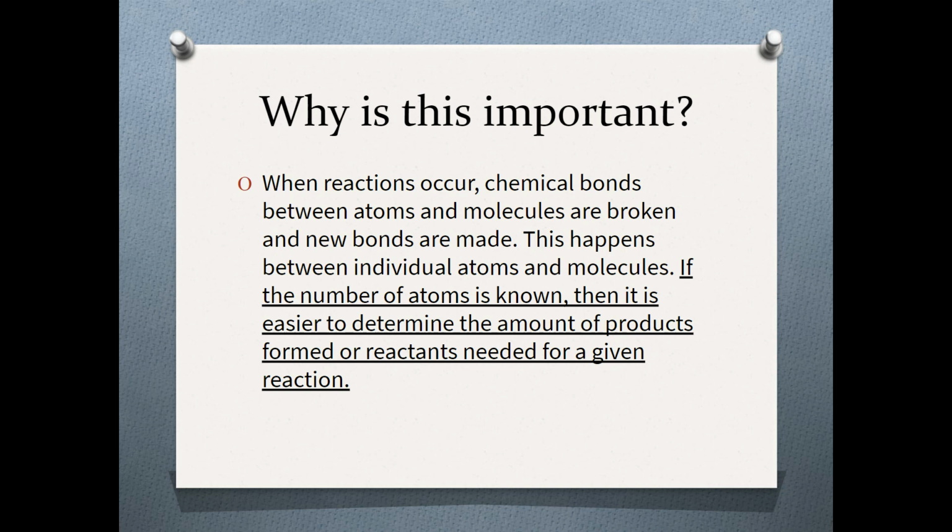So we have to understand that when chemical reactions occur, we are breaking bonds between atoms and molecules and making new bonds to form new compounds. This happens at the particle level. So by using Avogadro's number, I can translate that to an amount, as in a mass, that I can use in a lab, because I cannot work with particles in a lab, but I can work with grams. Next time, we will discuss molar mass.